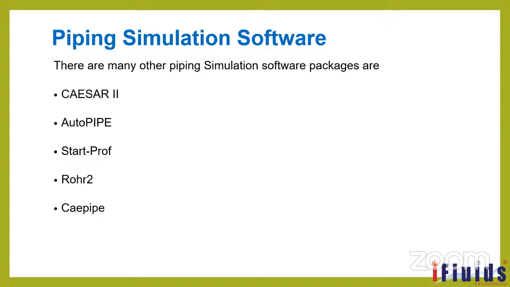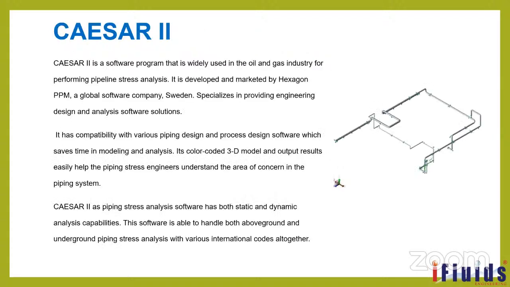Out of these, first we are going to see Caesar II. It is widely used in oil and gas industries for performing pipeline stress analysis. Mostly we use Caesar II for stress analysis only. It is developed by Hexagon, based in Sweden, which specializes in providing engineering design and analysis software solutions.